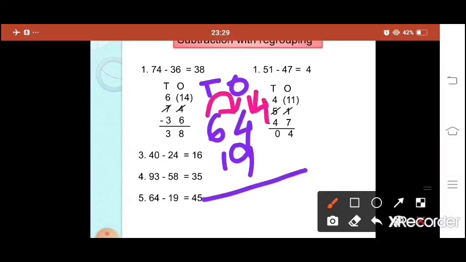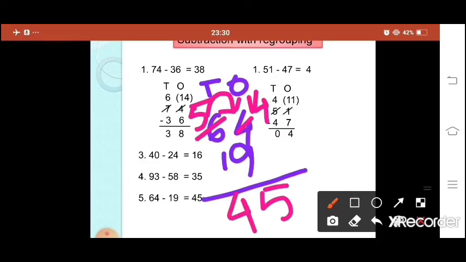It will become 14. This one becomes 5. So 14 in the mind, 9 on the finger, before 14: 13, 12, 11, 10, 9, 8, 7, 6, 5. Okay, 5 in the mind, 1 on the finger, before 5: 4. So 45 is the answer.